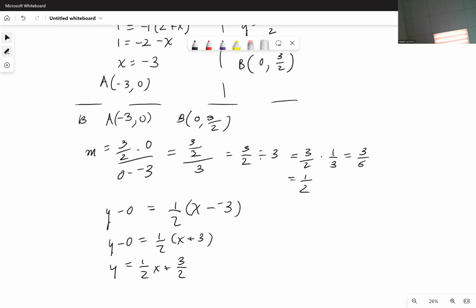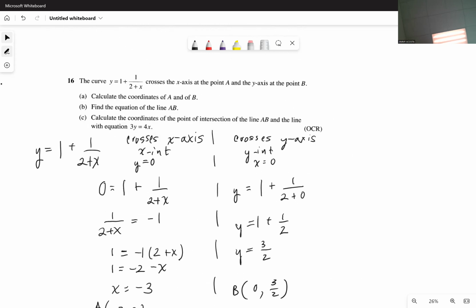All right. Now, the next part of the question, I'll scroll up here just to remind you, is they want us to find the point of intersection of the line you just made, AB, and the line of the equation 3y equals 4x. So it's going to be this with 3y equals 4x.